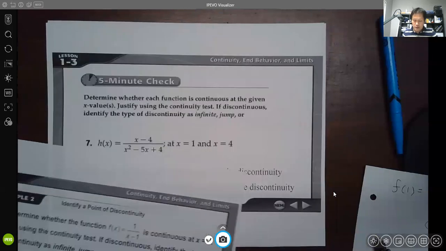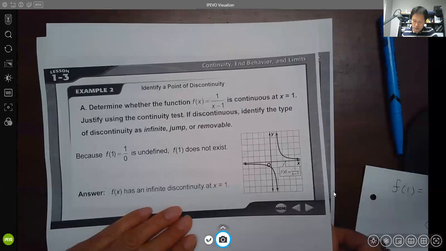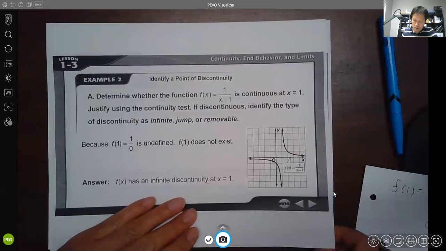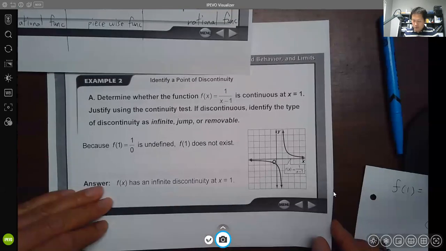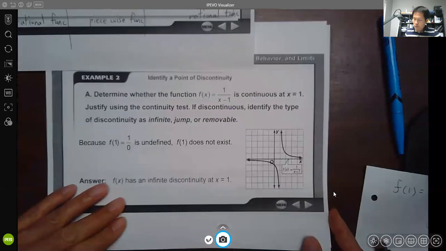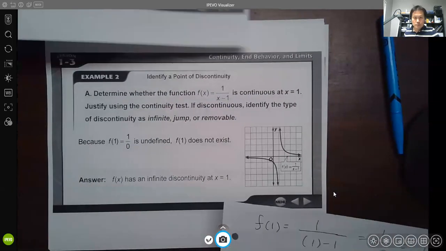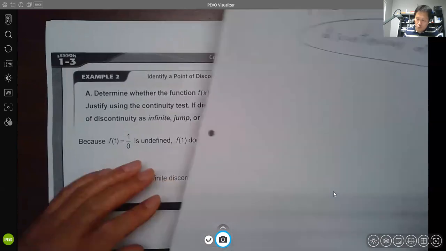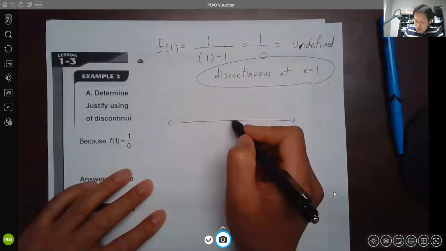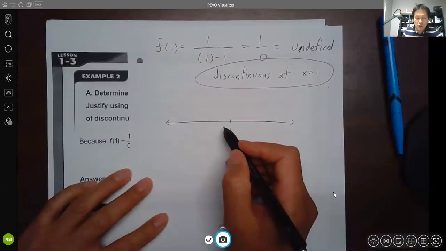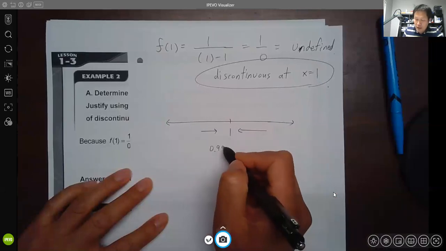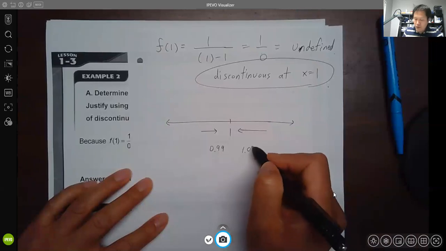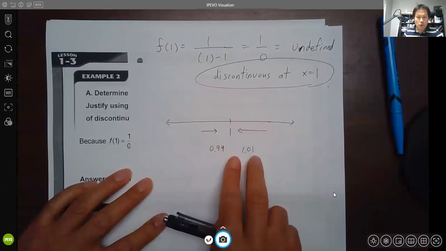For that, you will have to plug in some table values close to 1, x equal to 1: 0.99, 1.01. I made a gap of 0.01.